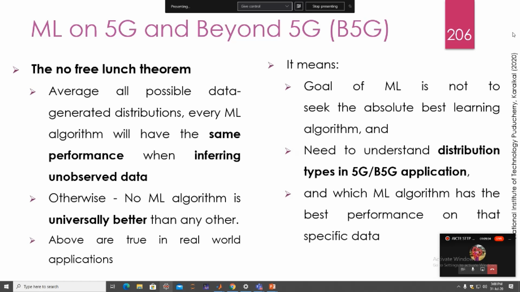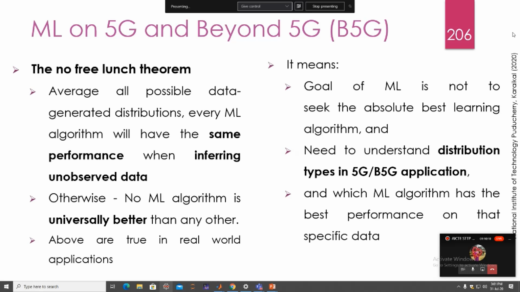So basically it says that whenever you average over all the possible generated data, every machine learning algorithm will give rise to the same performance with respect to unobserved data. And this is known as the no free lunch theorem. In other words, no machine learning algorithm can perform universally better than any other. That means no ML algorithm is universally better than any other.